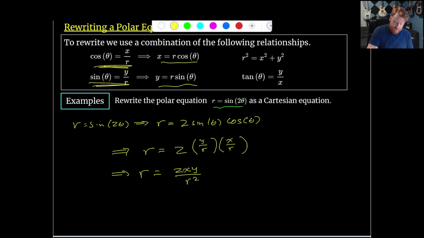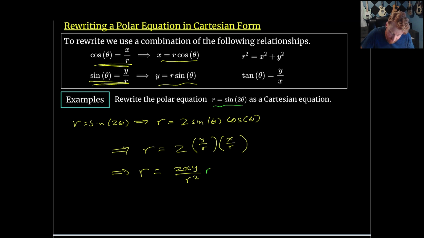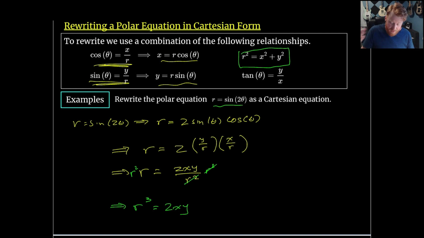We're trying to get this in terms of x's and y's. Let me multiply both sides by r squared so that they're canceling here. Now we've got that r cubed is equal to just 2xy. I've got something in terms of r cubed, but I'd really just like r. So now I will plug in r as the square root of x squared plus y squared.